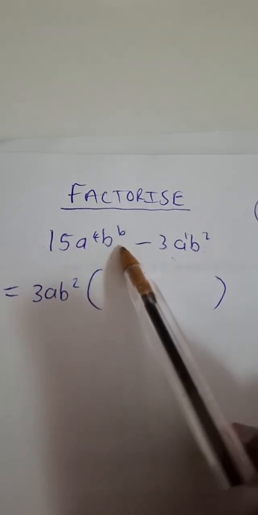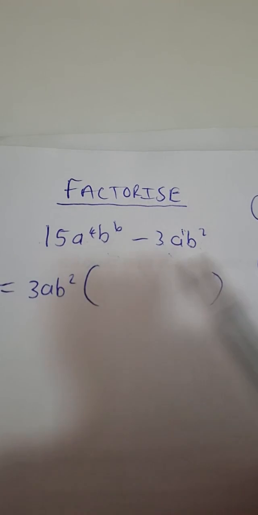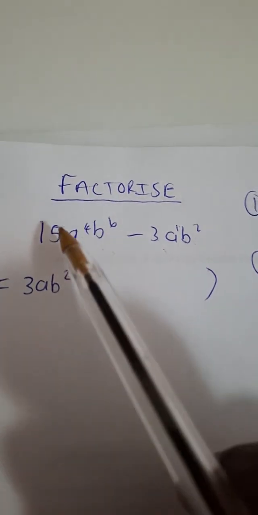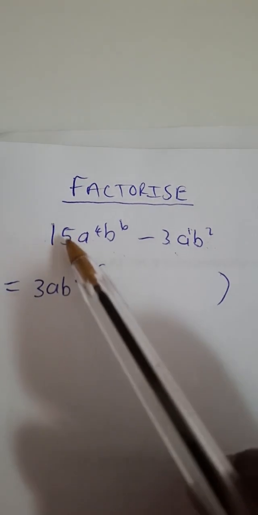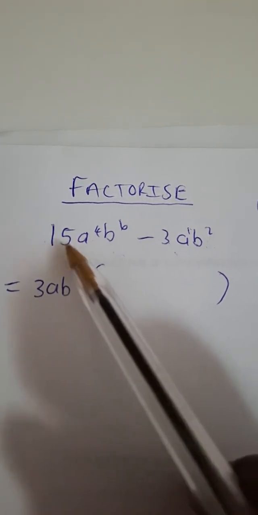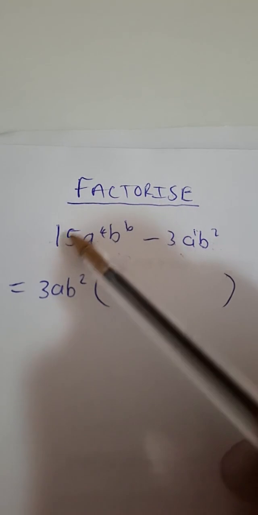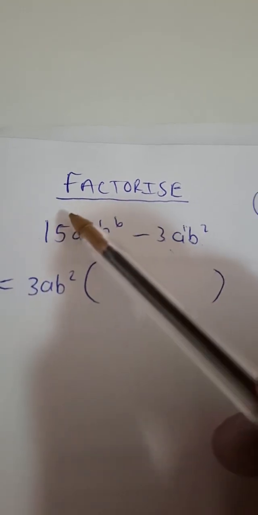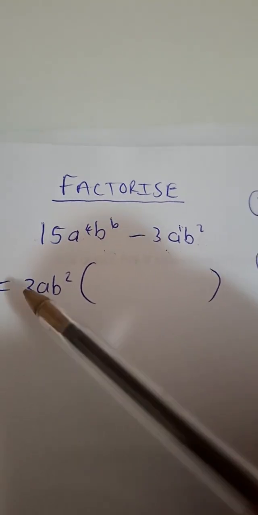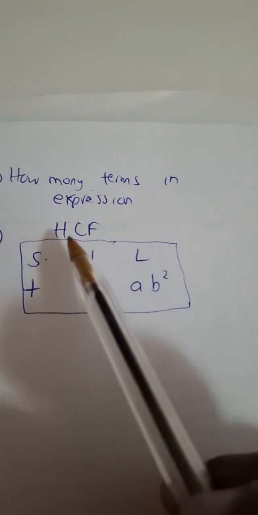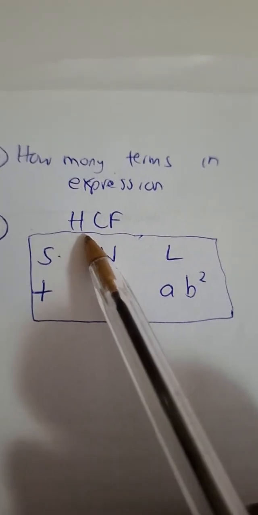On the left, what is left over? On the right, what is left over? So this is 3. 3 times what gives you 15? Or we can say, what is 15 divided by 3? We can use the inverse operation. I said that when we are taking out the highest common factor, we do it according to sign, number, letter.